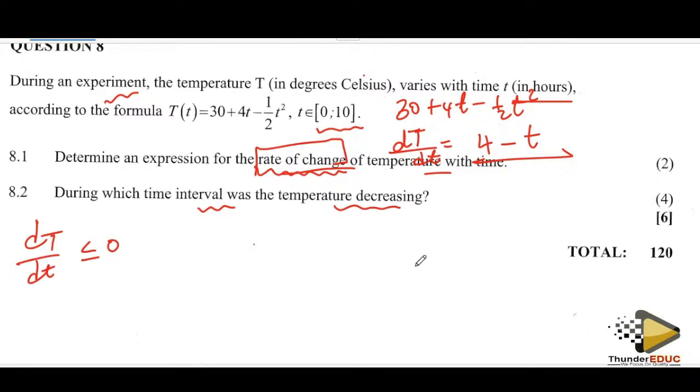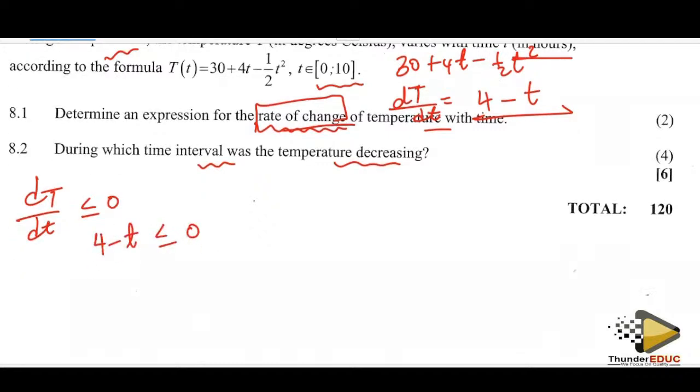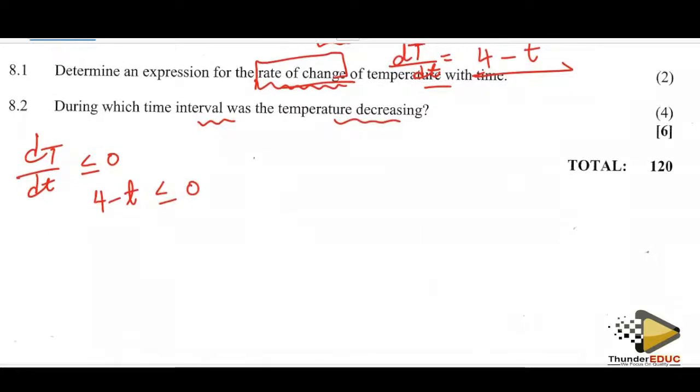So all we have to do is substitute: 4 minus t is less than 0. We can make t positive by dividing through by a negative, and move this to the other side. Does it make sense? Yeah.